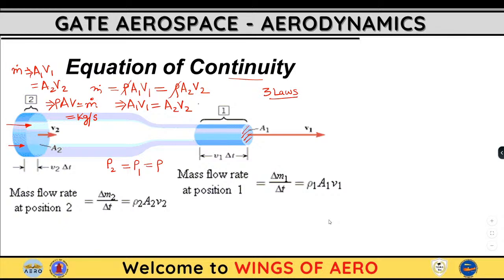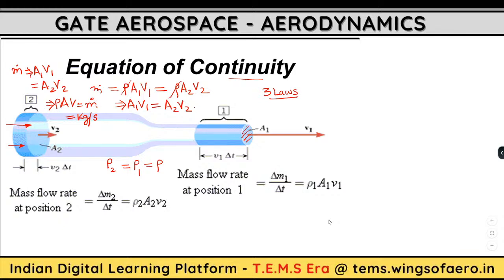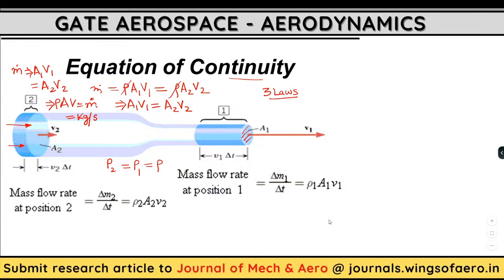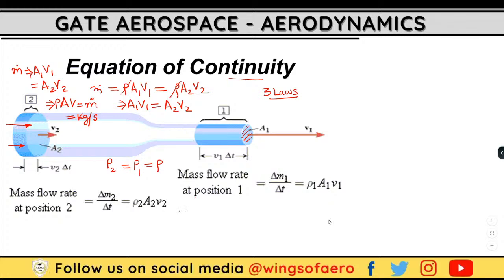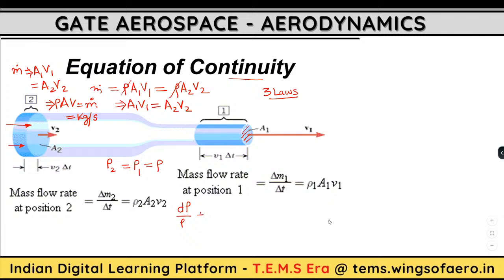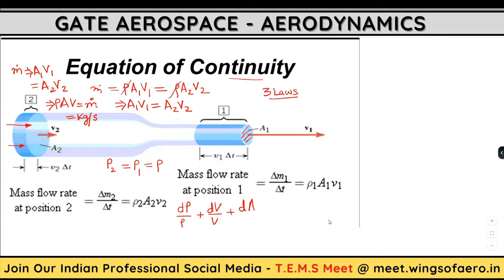Now let's look into the formula when the flow is compressible. There is a small derivation, but that is not important over here. But remember the final expression for the continuity equation for a compressible flow. This is the formula: dρ by ρ plus dV by V plus dA by A equals 0.